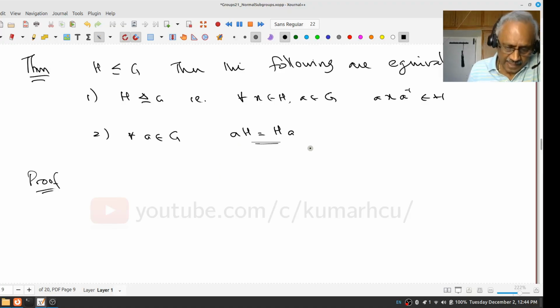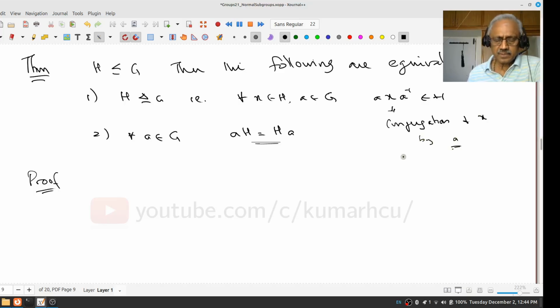Remember, this is nothing other than conjugation of X by the group element A, right? This notion of conjugation permeates various branches of mathematics. It's an important concept. That is why I want to emphasize this definition of normal subgroup. And in fact, you will see almost always we will be using that only in the proofs.